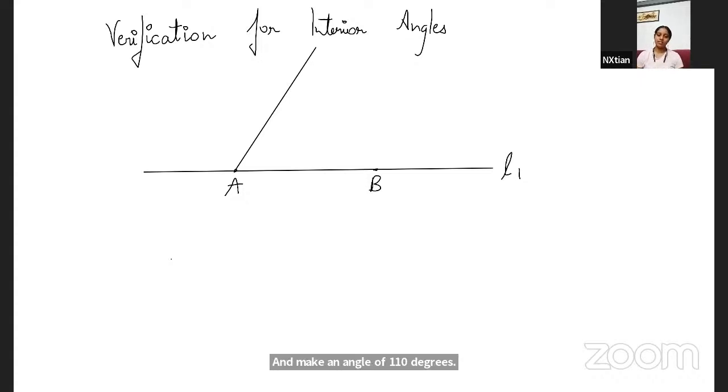The first one from A was 70 degrees, with the center of the protractor at A. Then from the B point, you will make 110 degrees.